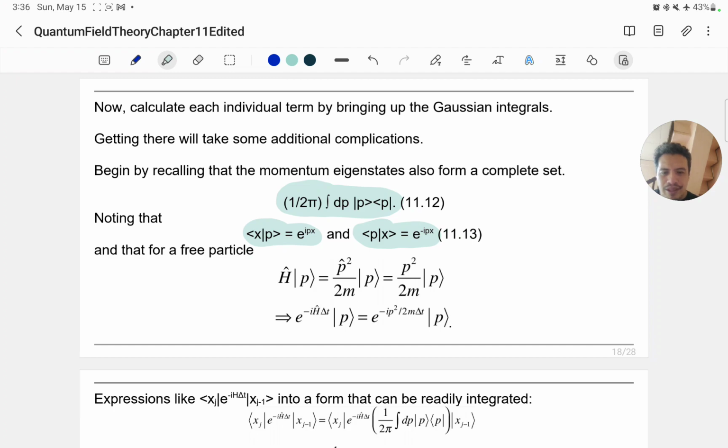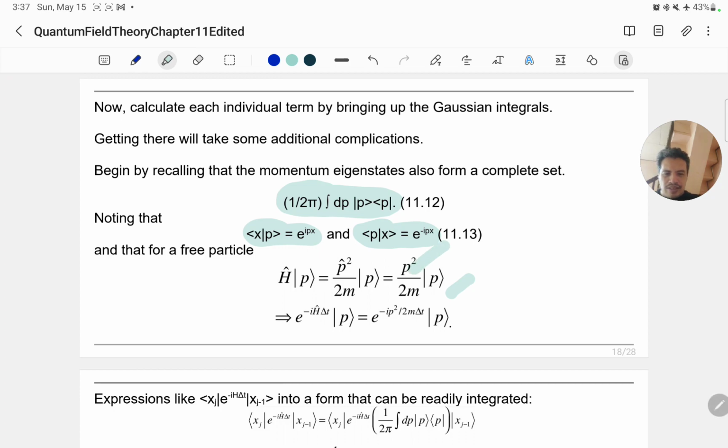And so you have this, your Hamiltonian operating on P would just be P hat square over 2m operating on P, which is equal to this one.